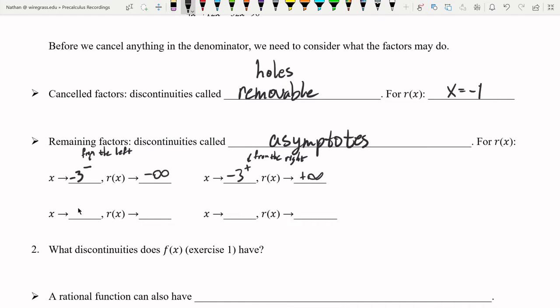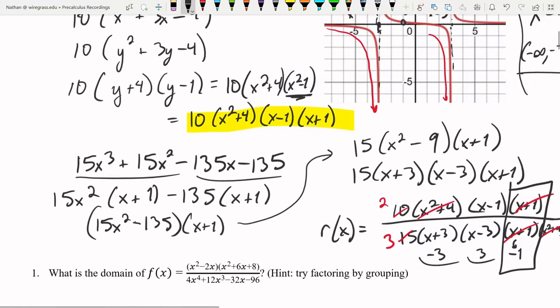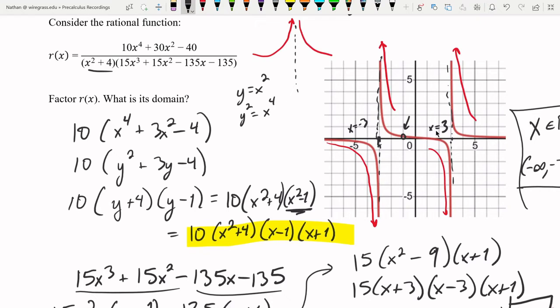We can ask the same question as x approaches positive 3 from the left and right. Positive 3 from the left, it goes down to negative infinity. And then positive 3 from the right, it goes up to positive infinity. So you're always approaching the asymptote from the left-hand side and the right-hand side, going towards the asymptote, not always going left to right as you would for end behavior.